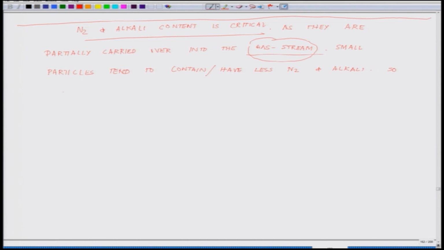So fractionation into fine and coarse particles helps to produce a product gas with fewer impurities.